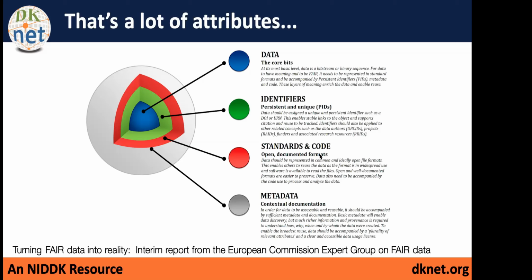Then there are standardized ways of representing the data in open file formats, so that there's the ability to get the data. And then there's metadata about the data itself, and that metadata can be a simple core set of metadata that is then expanded upon by various domain-specific metadata.